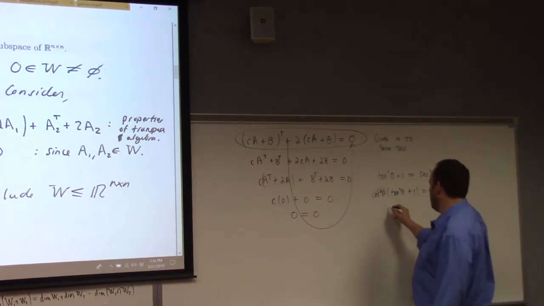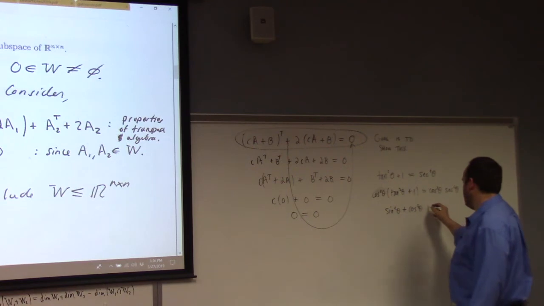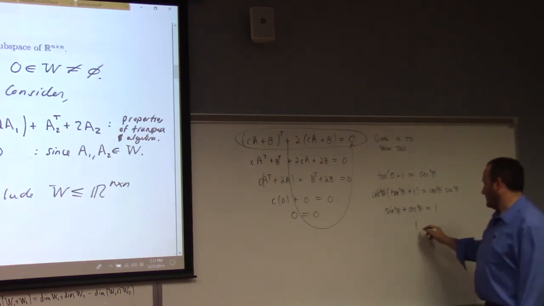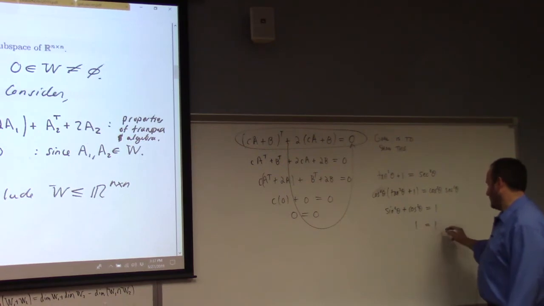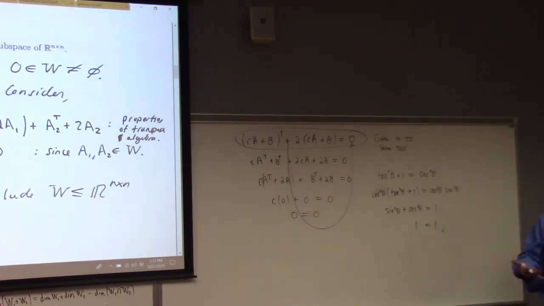So sine squared theta plus cosine squared theta is equal to 1. So 1 equals 1. So this is a kind of proof style that you've been exposed to before.